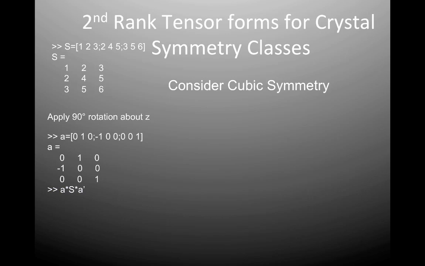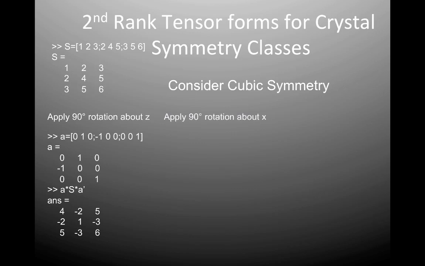Here is my transformation A times S times A transpose, and there's my new matrix. You'll notice that some of the elements have been swapped. For instance, the diagonal 1 and 4 in the first matrix now becomes 4 and 1. And you notice that 2 gets mapped into minus 2.